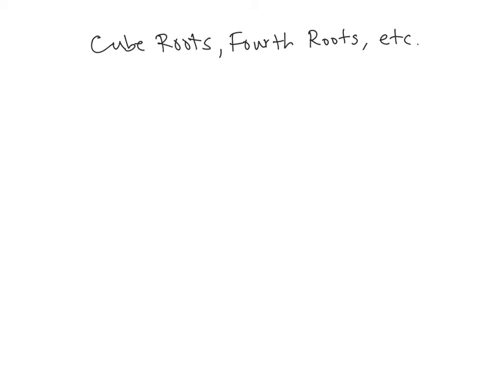Now, how a cube root comes about is we don't just have squares. Last time I talked about 2 squared, or 2 times 2, or 4 squared, 4 times 4. Let's think about 4 to the power of 3. I call something to the power of 3 a cube, right? So if I ever have a 3 up here in the exponent, I'm thinking of cube, that's my word for it.